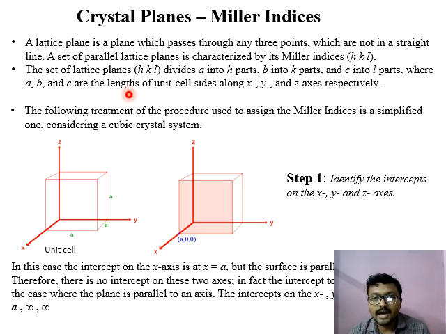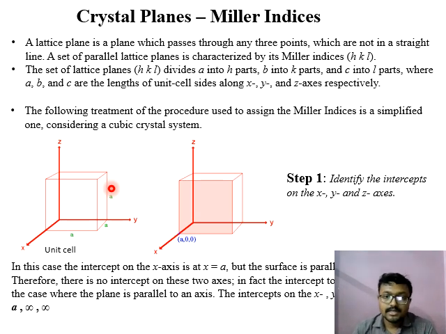To get one line, we need 2 points. To get one plane, we need 3 points, right? So if we consider three imaginary points and join them, we'll get one plane. This plane is called a crystal plane, which is present in the unit cell. It can be present on the surface of the unit cell or inside of the unit cell. I'll show you the image.